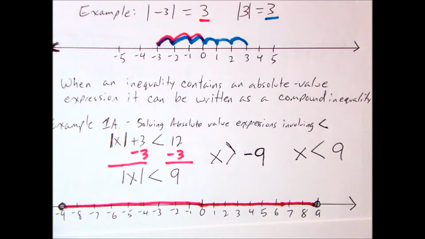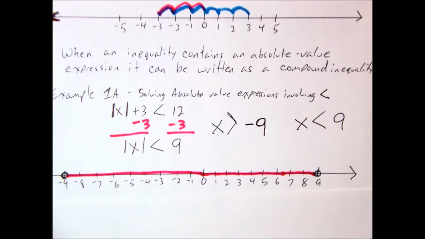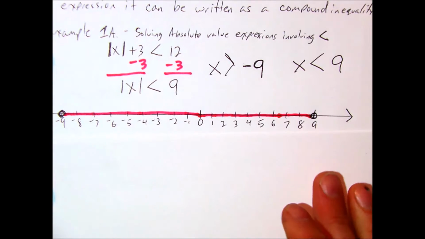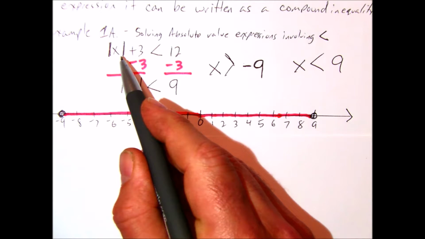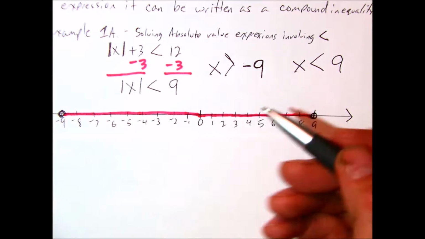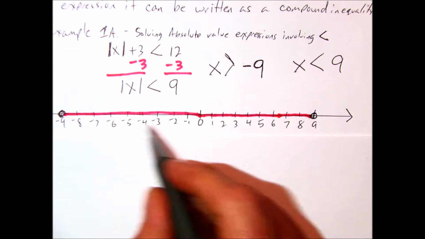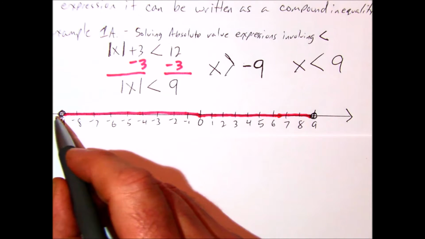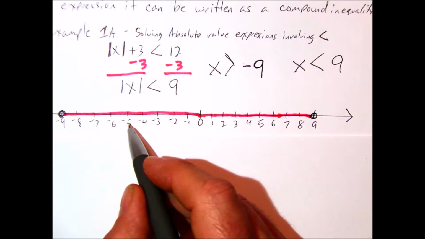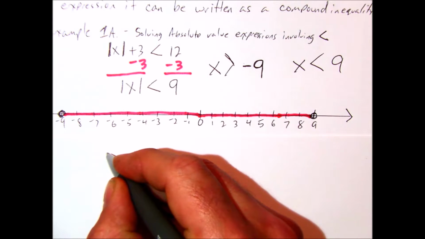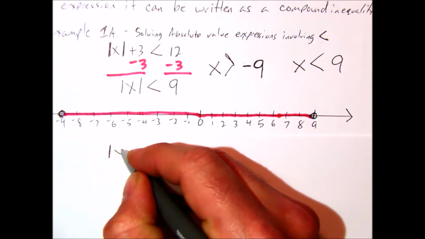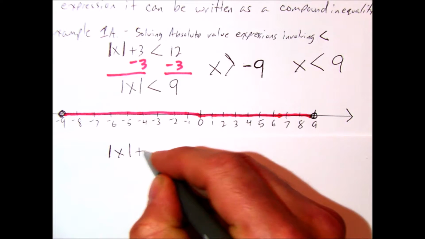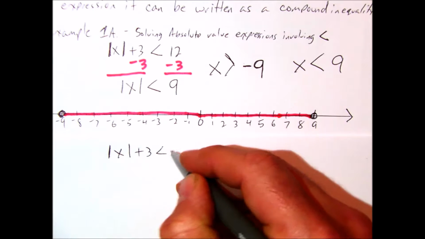Okay, and we can check that our solutions are correct by plugging in values to our original absolute inequality. So if I pick any value in this range, say -5, the original expression, the absolute value of x plus 3 is less than 12.